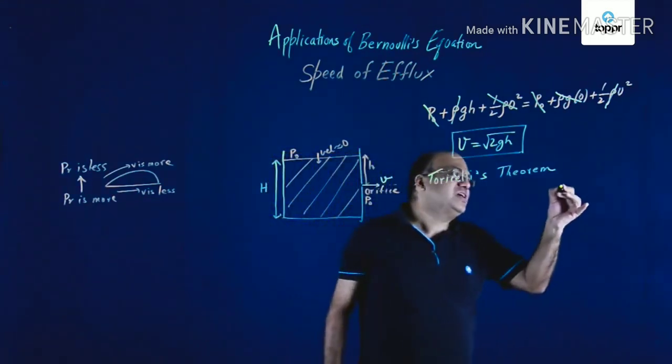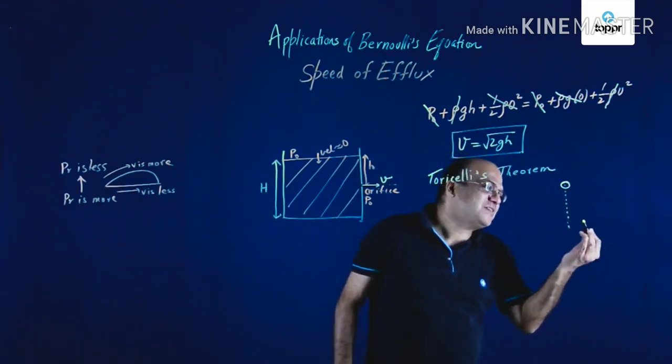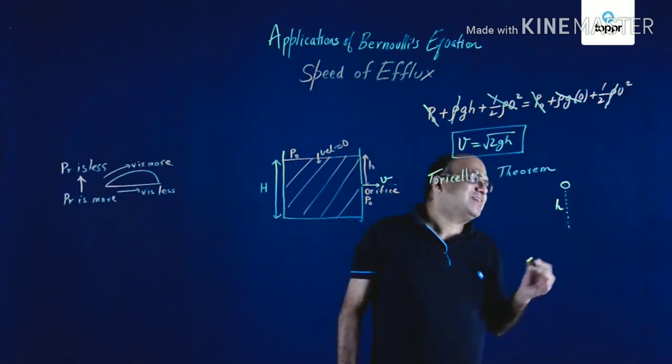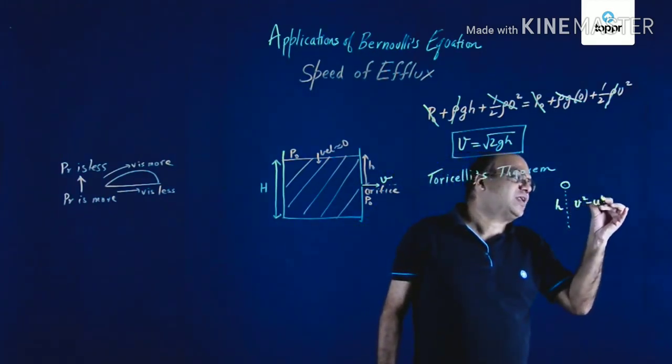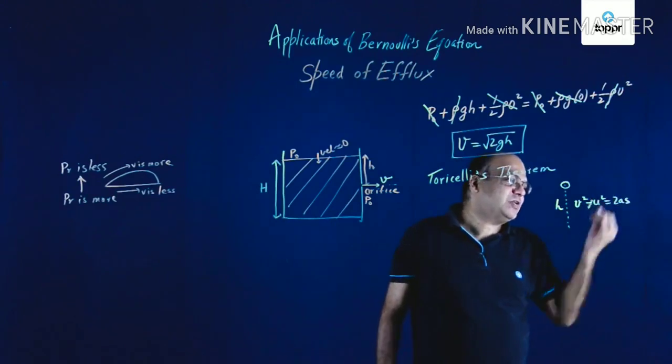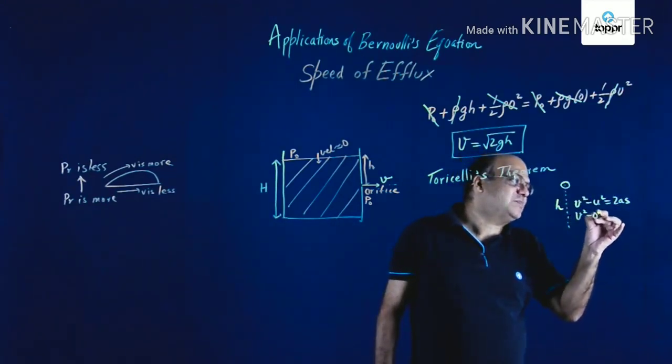We know free fall. Suppose something is falling from this height. What is the speed it picks up? It is given by v squared minus u squared equals 2as. Here the initial velocity is 0, so u squared becomes 0.